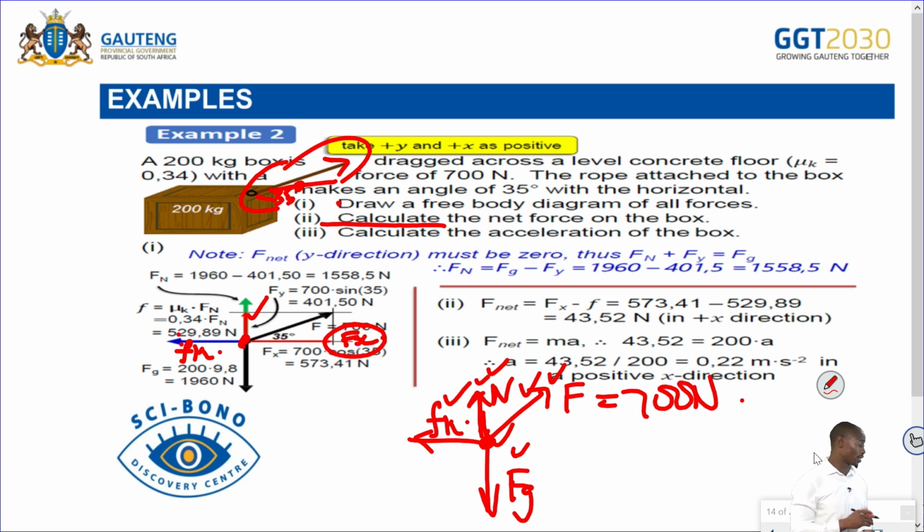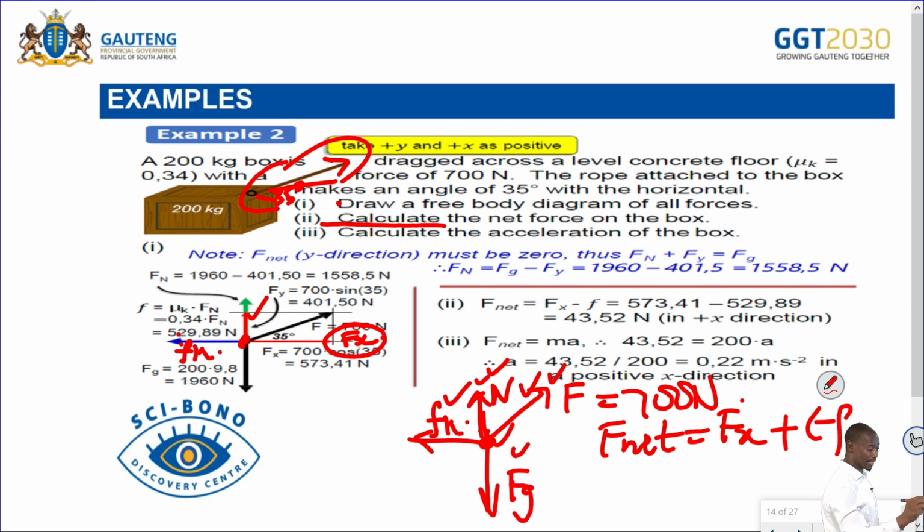So I'm having as my F net, Fx minus Fk. Remember, F net is the sum of all the forces. That is why I'm putting that positive sign there.